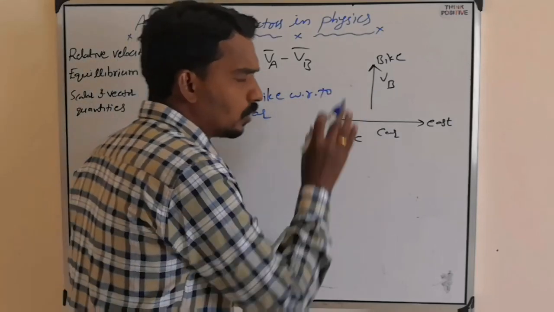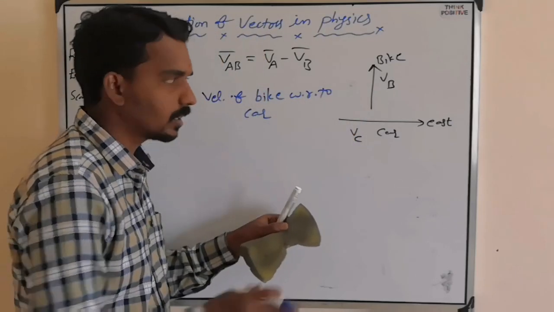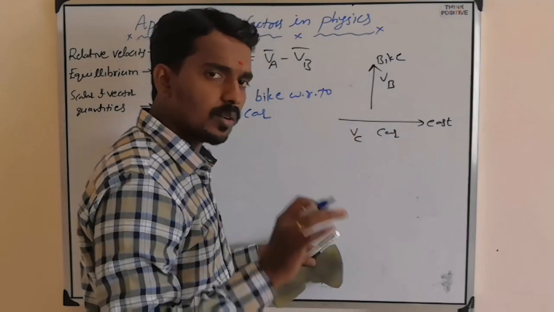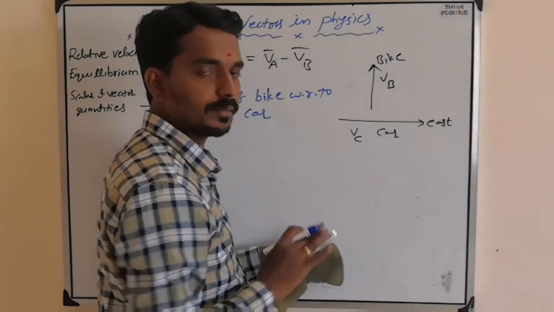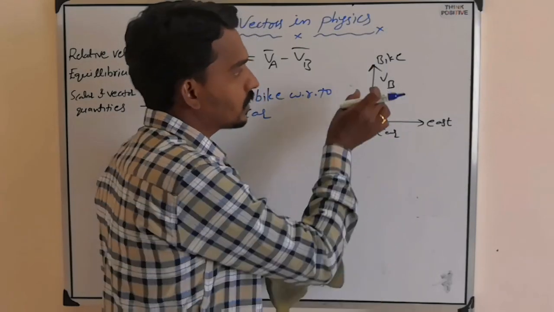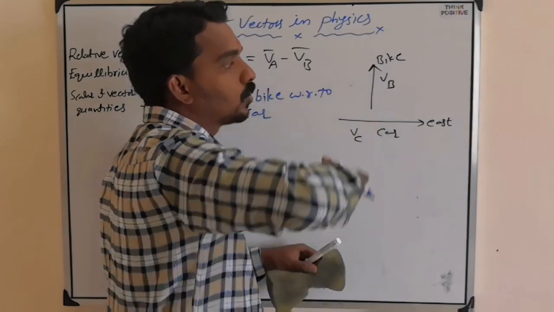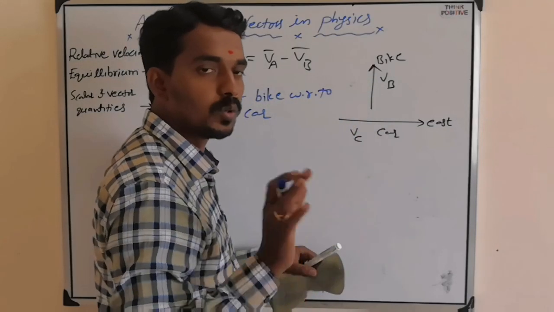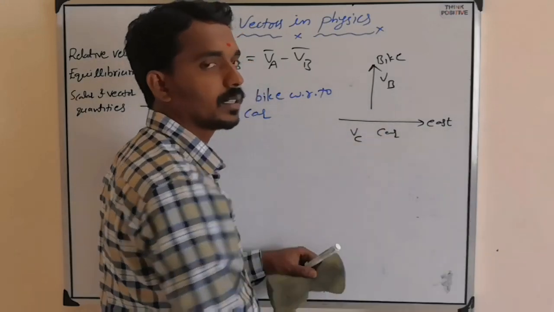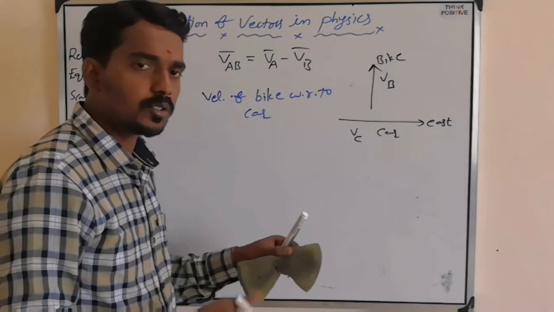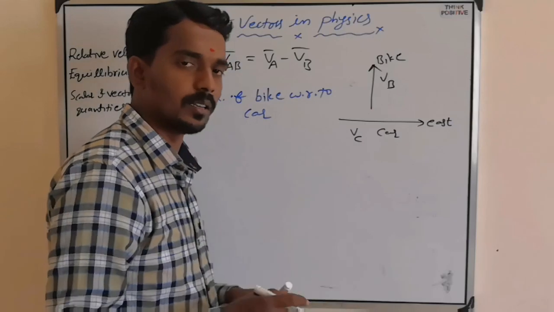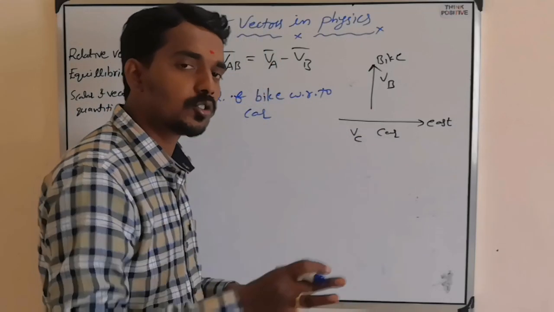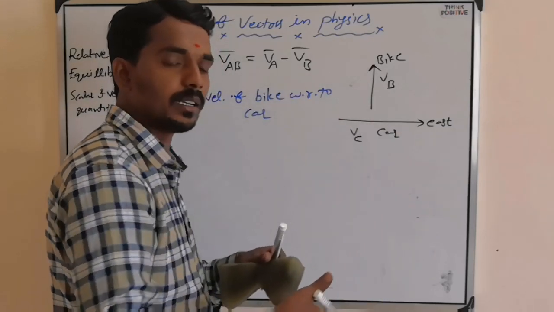See, if you are at rest on the ground and you observe the car, it looks like it is going towards east. But suppose you are sitting on a bike moving towards north, then the car does not appear to you like moving towards east. It appears to be moving in a different direction. Originally moving towards east, but appears to be moving in a different direction.